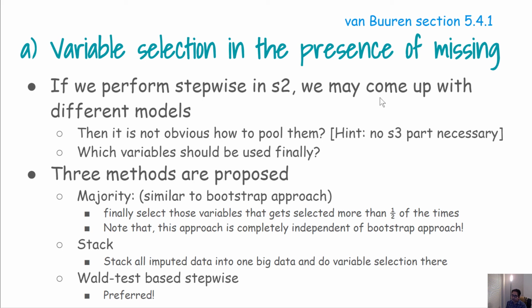That means, for example, for the age variable, once you add the age variable and once you do not add the age variable, and then you compare these 100 different models with one another, and you can essentially do a generalized Wald type of test utilizing the ideas of Rubin's pooling, or the estimates, and that is an approach that is known to be a better approach compared to the majority and stack rule, and all of these approaches I will explain in the lab.